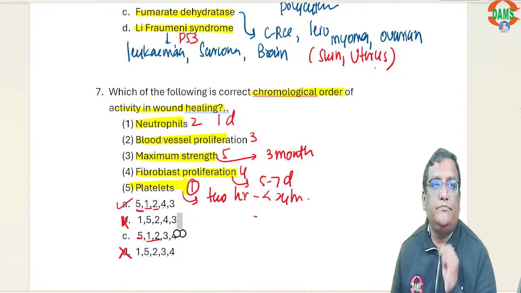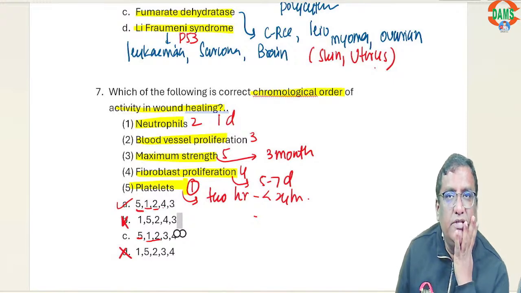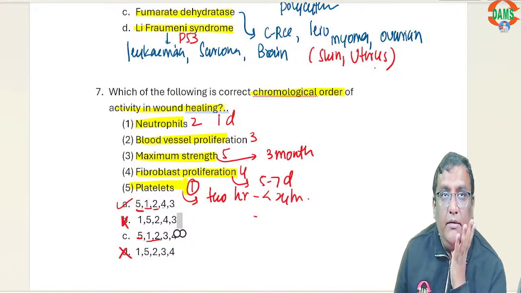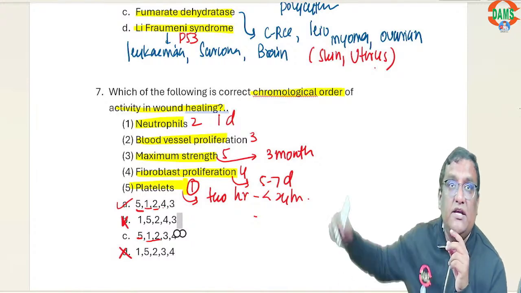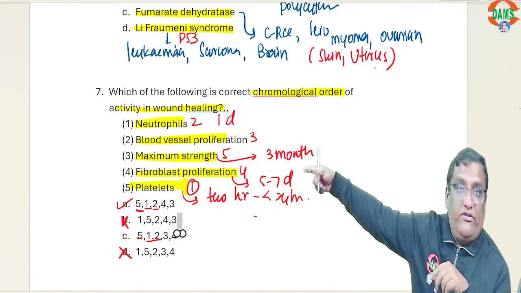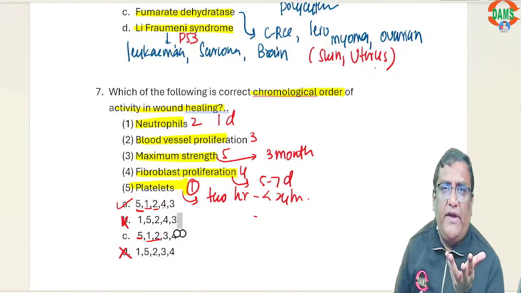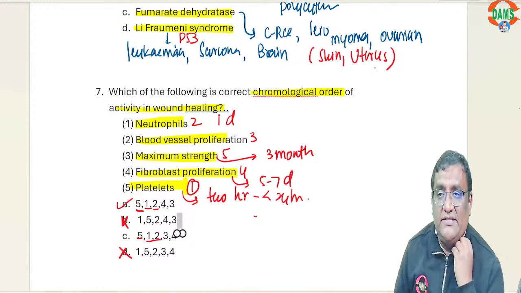So these are the different phases. When will maximum collagen be present? 3 weeks. That can also be added here. Maximum collagen at 3 weeks; fibroblast proliferation starts at 5 to 7 days.